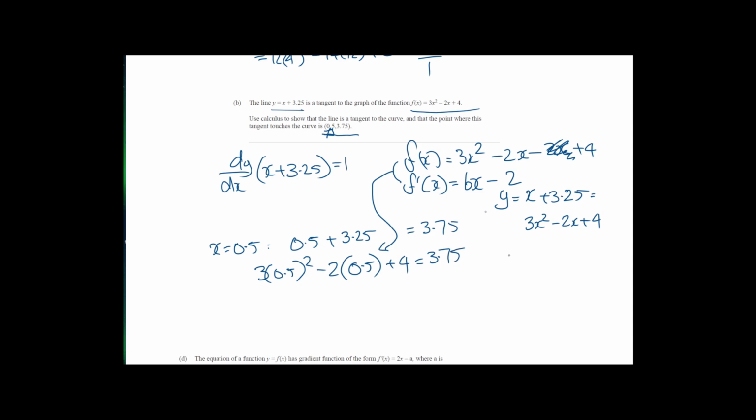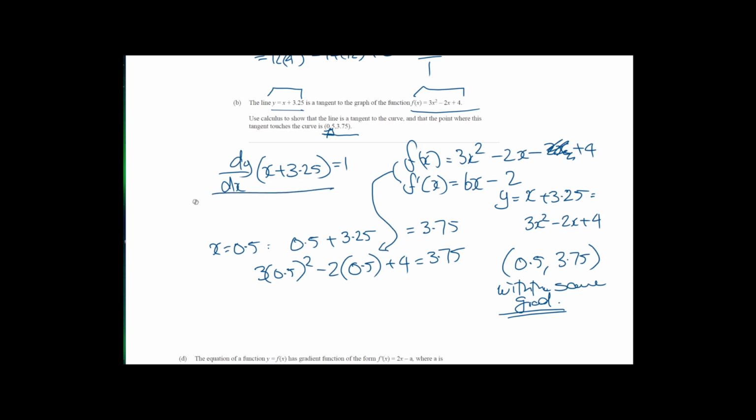So these two functions meet at the point 0.5 comma 3.75 with the same gradient. Therefore, this one must be a tangent to the other one.